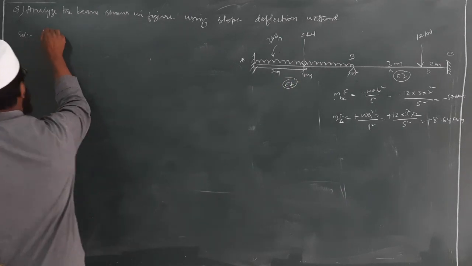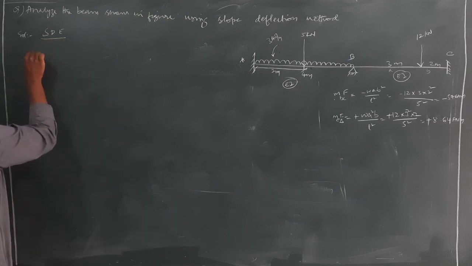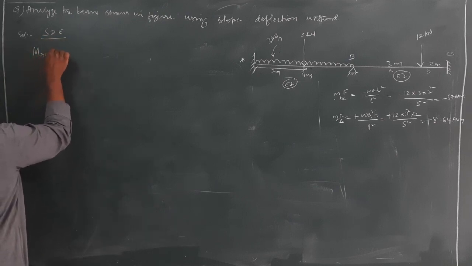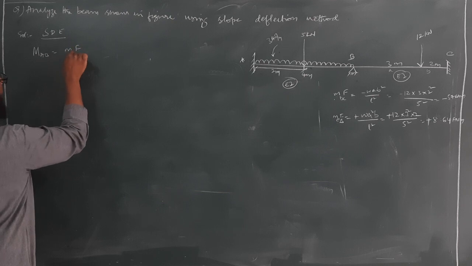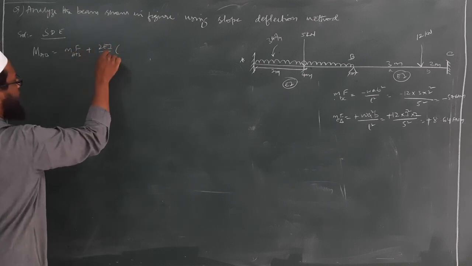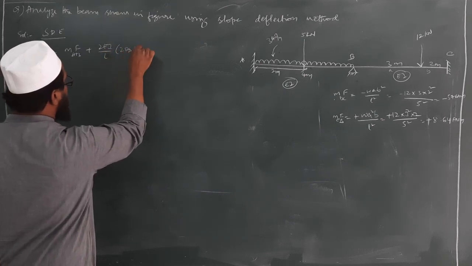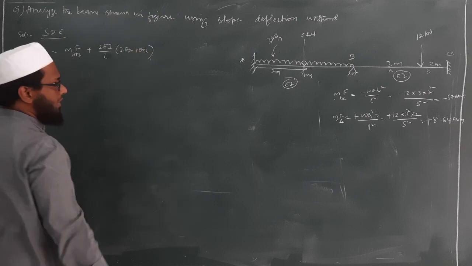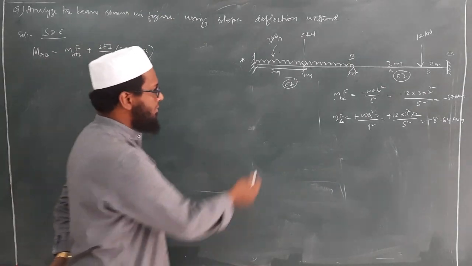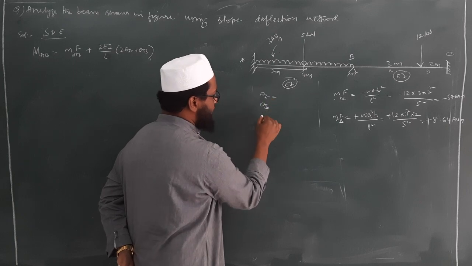So slope deflection equation. So MAB is equal to MFAB plus 2EI by L into 2 theta A plus theta B. Now in this figure, can you tell me what is theta A, theta B and theta C?